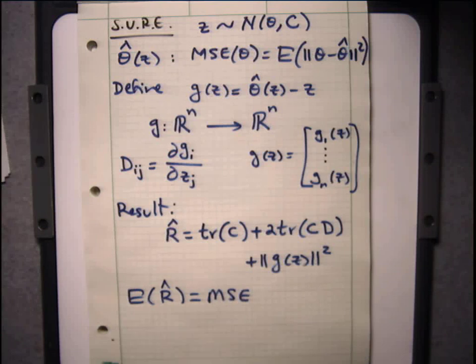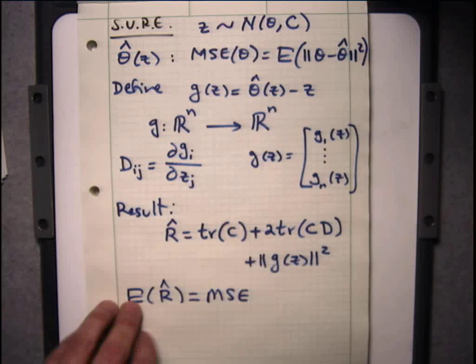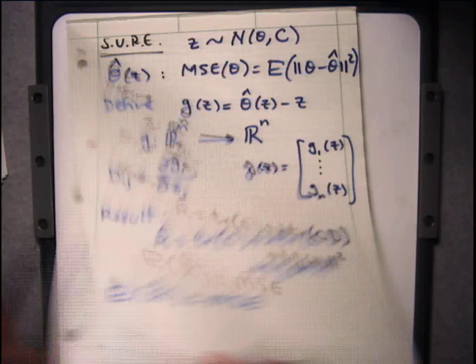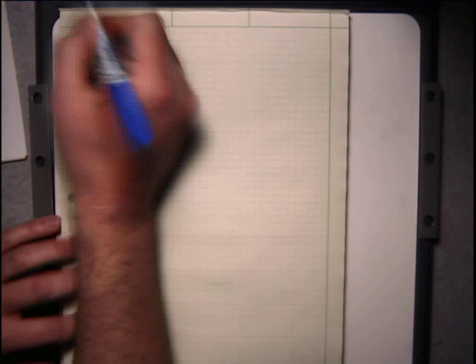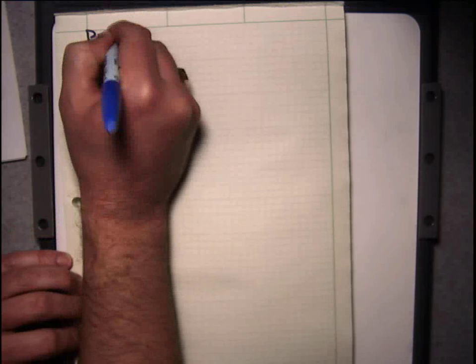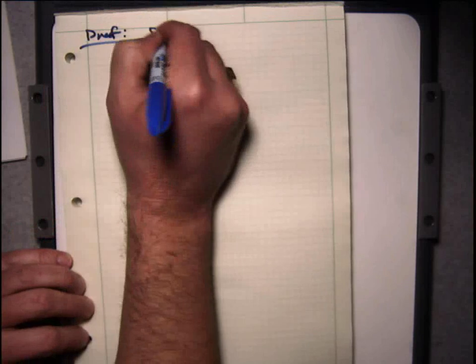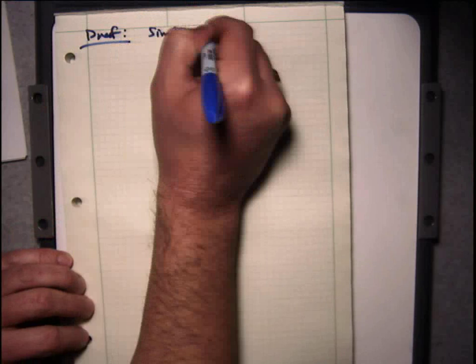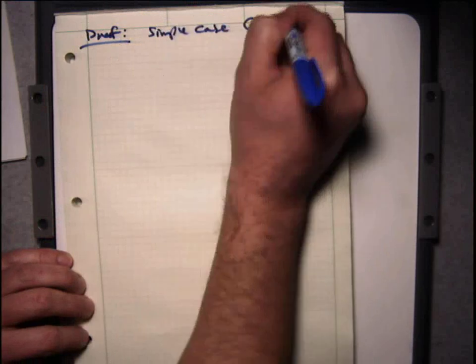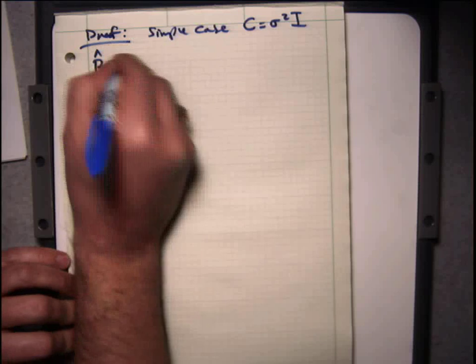So I want to do this last part as well because I think it's very useful to have it as a sort of benchmark for the kinds of things that we've been doing. So I'm going to do it for the simple case where the covariance matrix is just sigma squared times identity. So let's write R hat again.